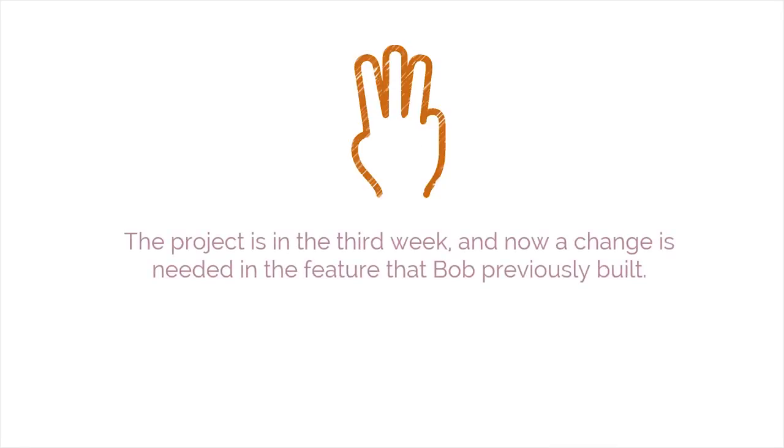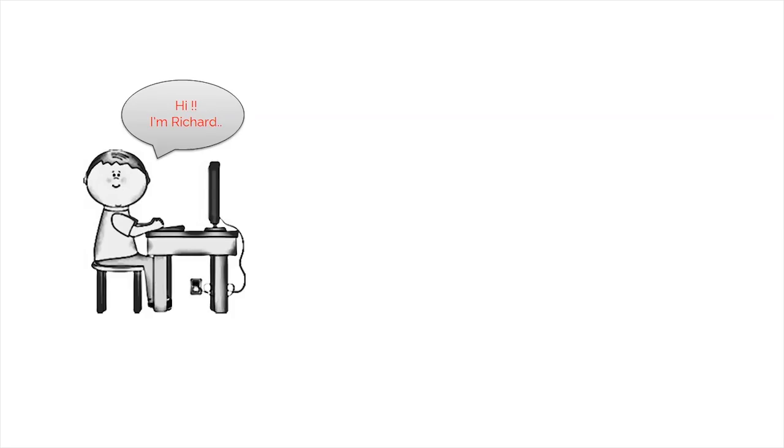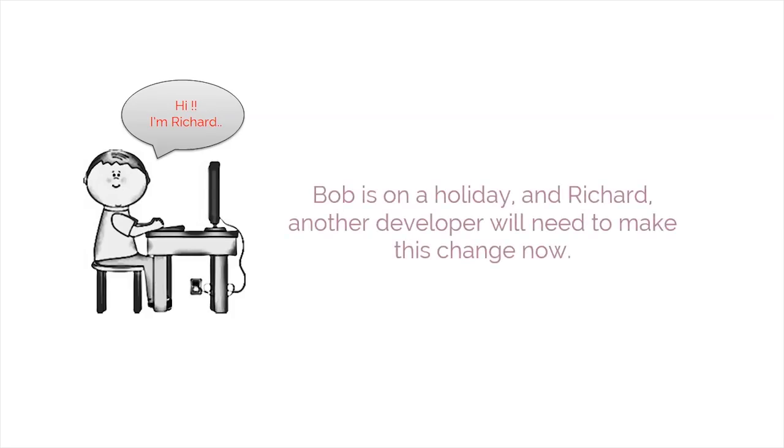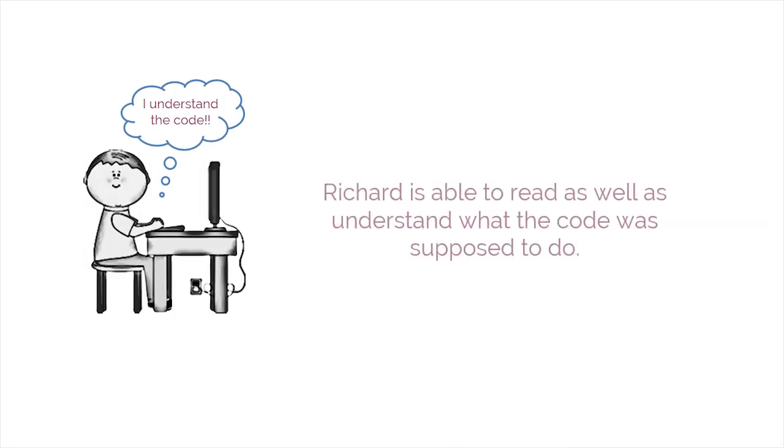The project is in the third week, and now a change is needed in the feature that Bob previously built. However, Bob is on a holiday, and Richard, another developer, will need to make this change. We know that Bob has already created a test for this new feature. So Richard is able to read as well as understand what the code was supposed to do.